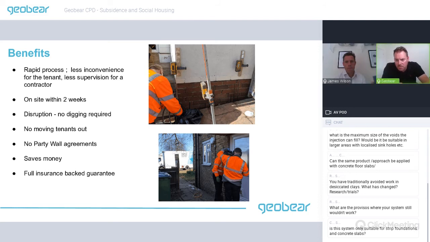Could you get differential movement between areas that have not received treatment, i.e. semi-detached dwellings and terraces? So basically, we'll treat whatever area we think is moving. And our resin will dissipate through the soil to a degree, so what you don't get is those hard spots. If you're going to underpin a corner of a house, you're going to physically stop that underpinning at a certain point.